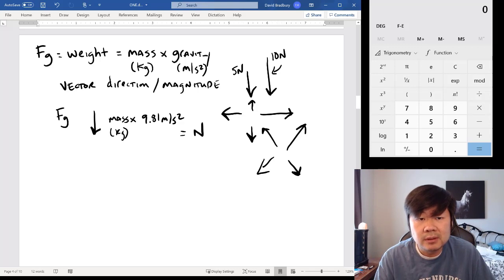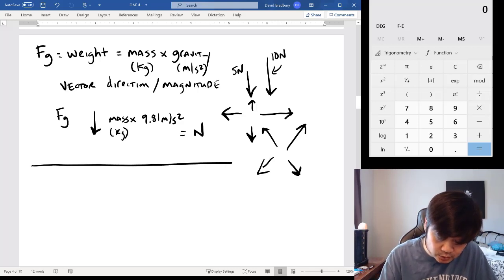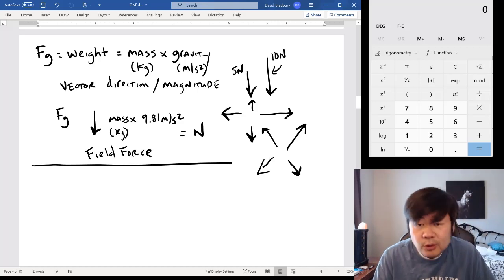All right. So that covers that, and that leads us right into our contact forces, which means that force gravity is called a field force. So field force means that it acts at a distance. It doesn't have to have direct contact. And that makes sense because if you're in the air, force gravity still affects you. If you're on the ground, it still affects you.